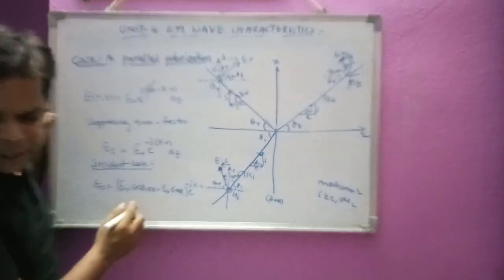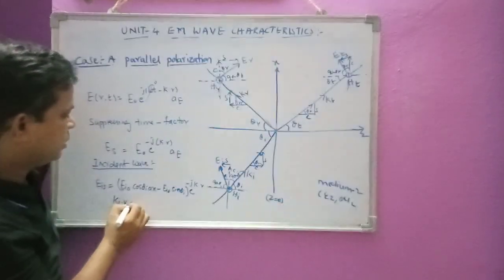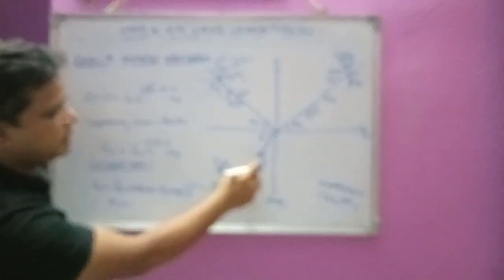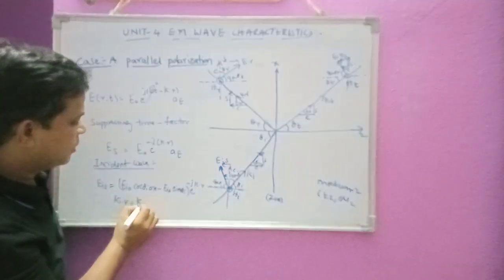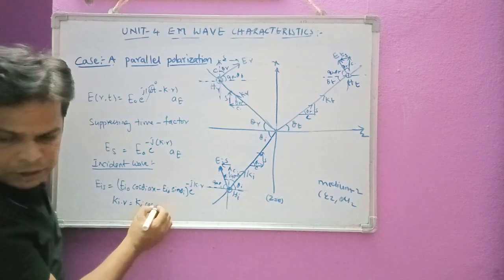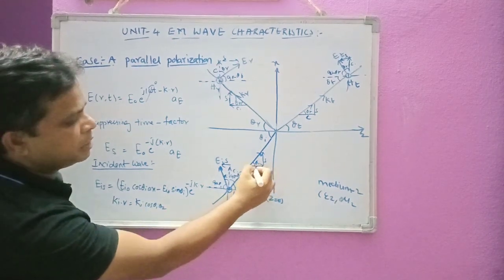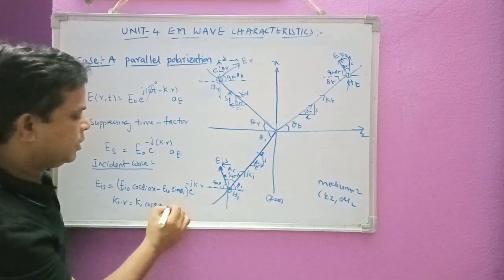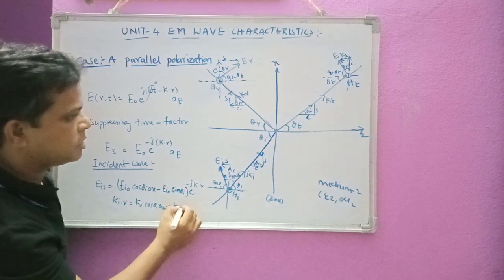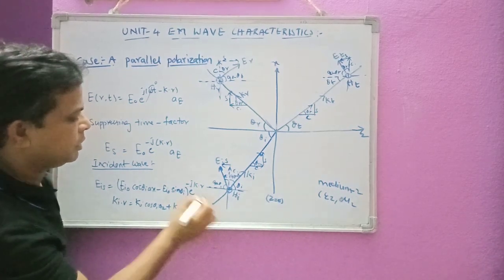Now we know that the propagation vector we can find from this. That is, k_i is equal to, I can write here, k_i dot r. So from the cosine component and the sine component, I can write k_i cos theta_i a_z, because it is moving along the positive direction, plus k_i sin theta_i a_x.